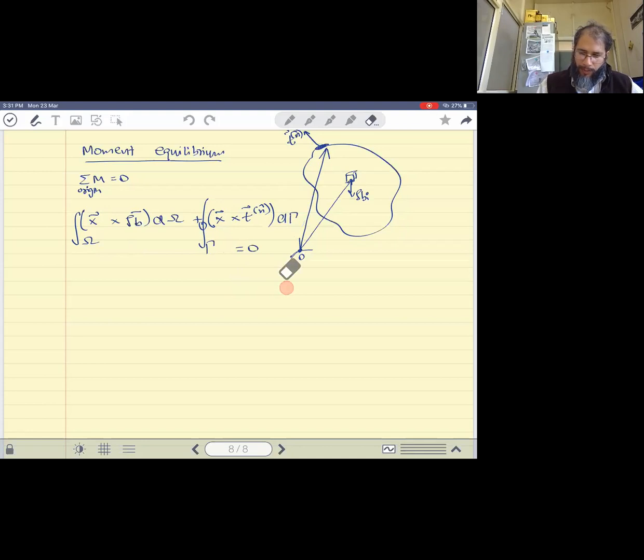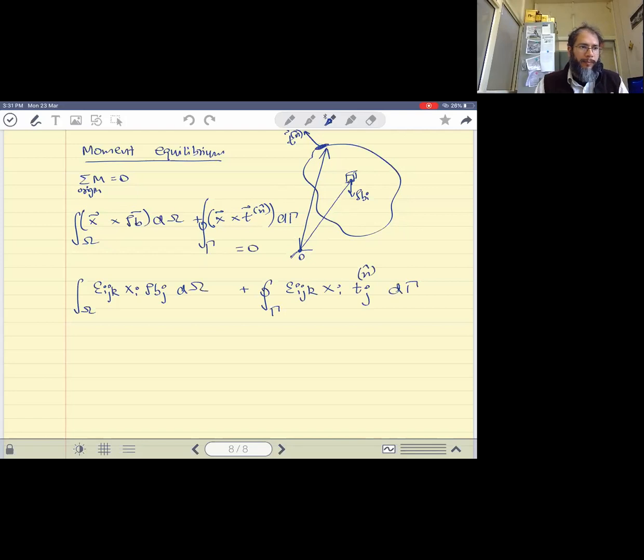So what we do is we write these equations in the indicial notation form. Okay, so the sum of these two is 0.